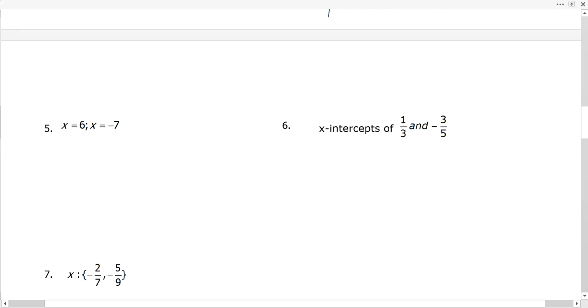Okay, number 5, same thing. They've already written them as what x is equal to, and so all we need to do is set it equal to 0. X minus 6 equals 0. X plus 7 equals 0. So I'm multiplying x minus 6 times x plus 7.